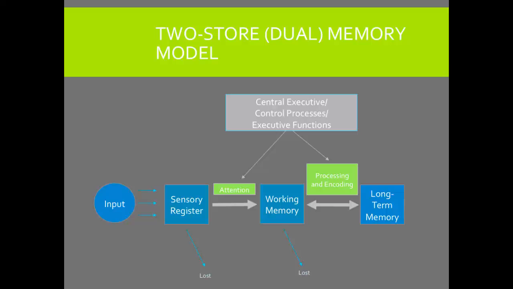It also determines how we will process and encode things. Baddeley, in a 1986 paper, uses the metaphor of a company boss to describe the way in which the central executive operates. The company boss makes decisions about which issues deserve attention and which should be ignored. The boss also selects strategies for dealing with problems.